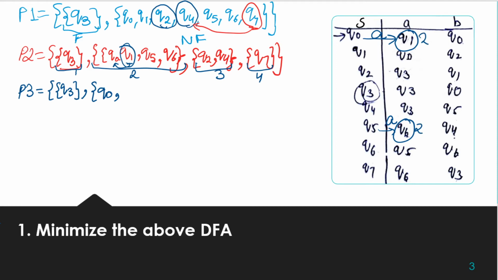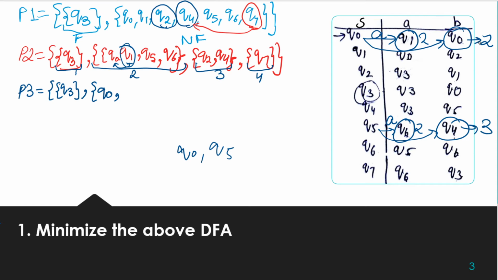So they are compatible for input symbol A. Now let's check input symbol B. From Q0 we are moving to state Q0, which belongs to group 2 in the previous partition, and from Q5 we are moving to state Q4, which belongs to group 3 of partition 2.